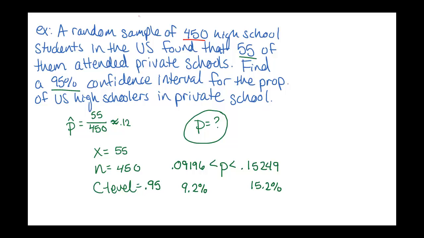So even though U.S. high schoolers is a very large population, that doesn't actually make a difference. So the size of your sample is significant, but mathematically speaking, the population could be as big as we want, and it won't make a difference in terms of our prediction power.